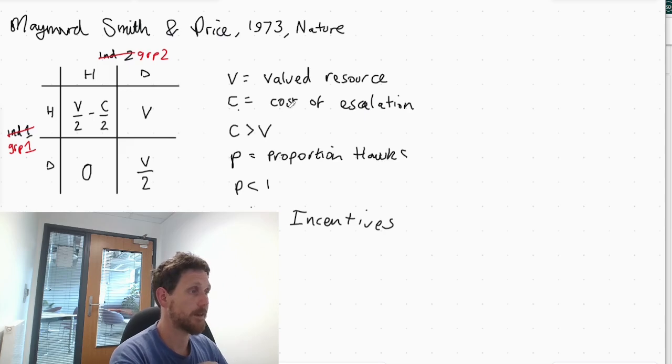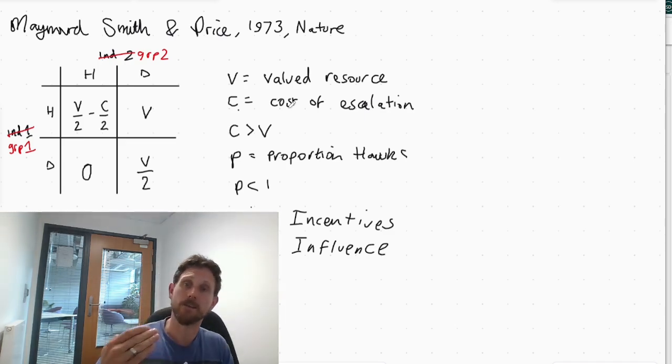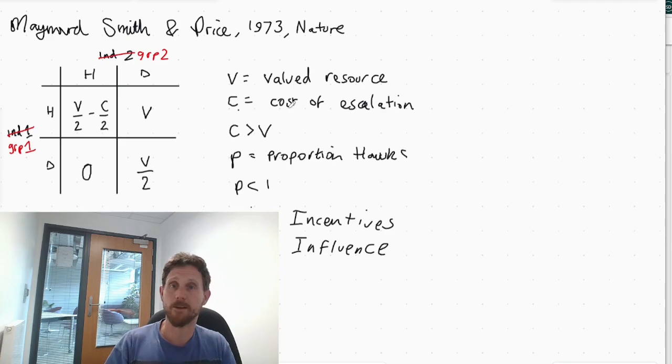So how incentivized are they to have conflict or cooperation with other groups? And then influence, so how much are they able to guide this strategy of their group?